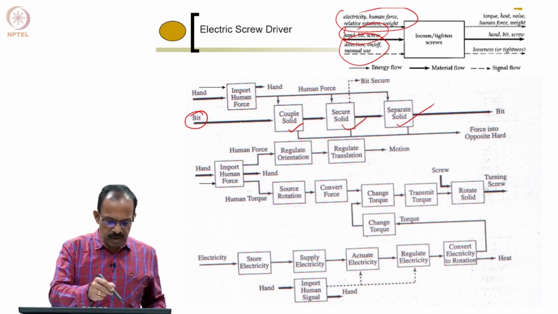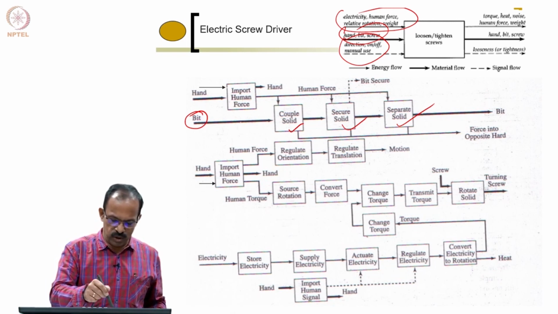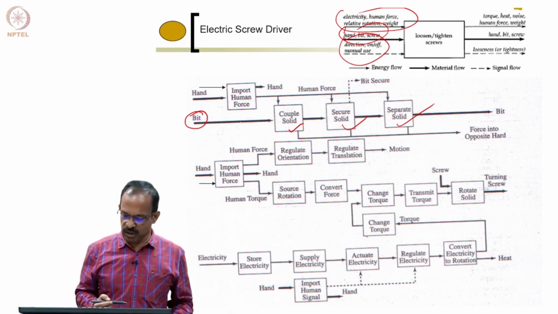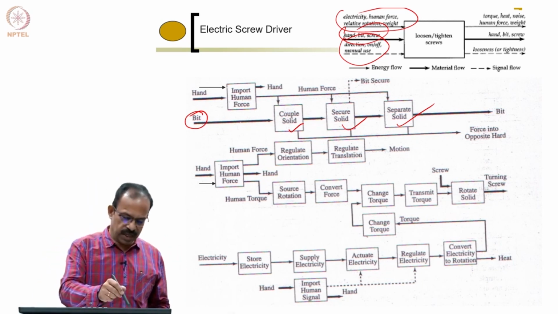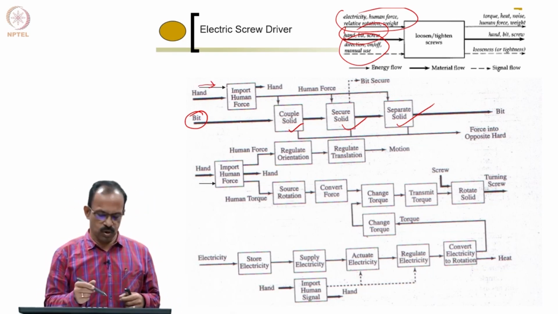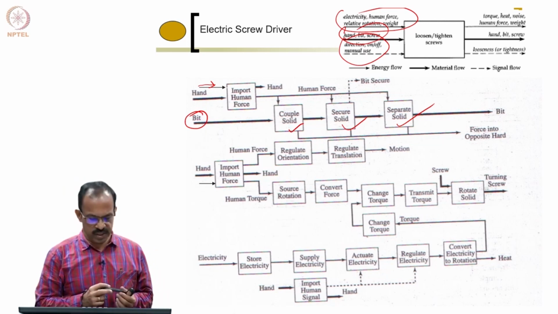We will be using the hand and human force to do this. We need the hand and human force for couple solid, secure solid, and separate solid. That is where the human energy is coming as an input. So, human hand and energy come together to help couple solid, secure solid, and separate solids.